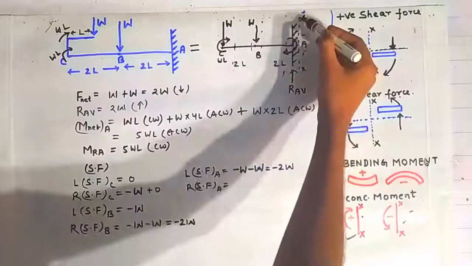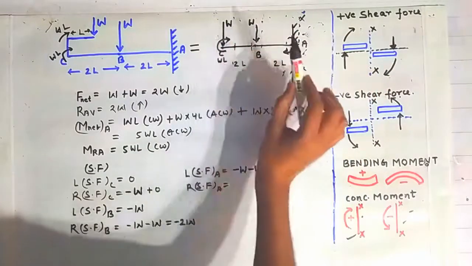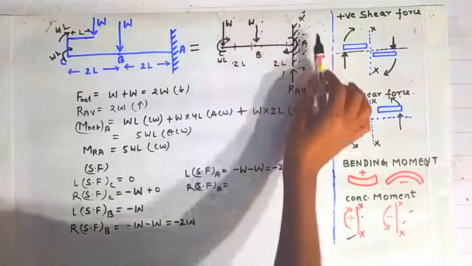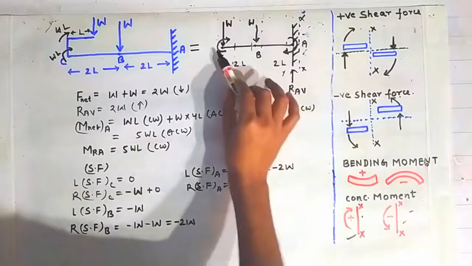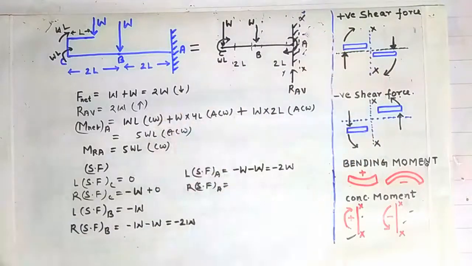Now if we look at this section XX, on the left side of this section, this force will contribute toward the shear force, but these two moments will not contribute anything about this section XX in terms of shear force.